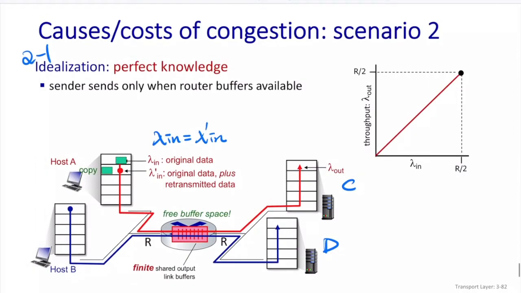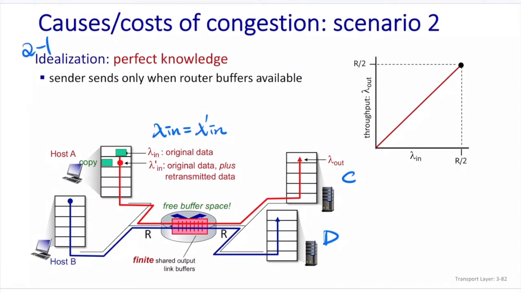Okay, but think about one thing. We have 2-1, 2-2. This is the first scenario of scenario 2. If we have limited buffer right here, again, because it is scenario 2, there is a very strange assumption.